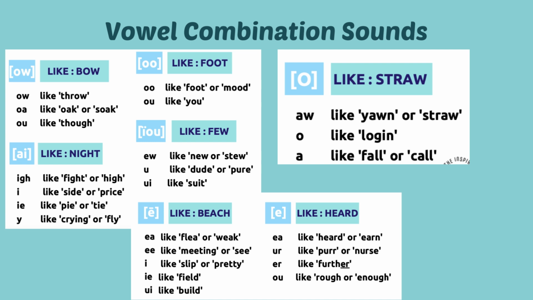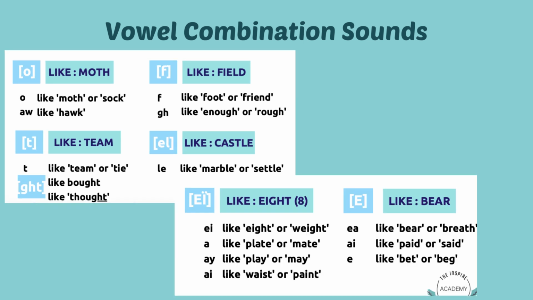Practice and repeat these vowel combination sounds. Moth or stock or sock. A-W. Hawk. The F sound like field.